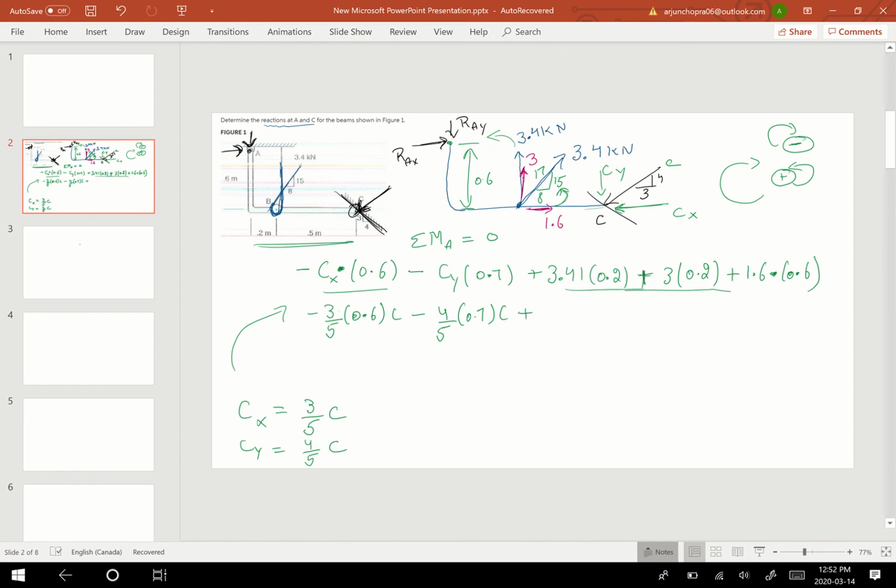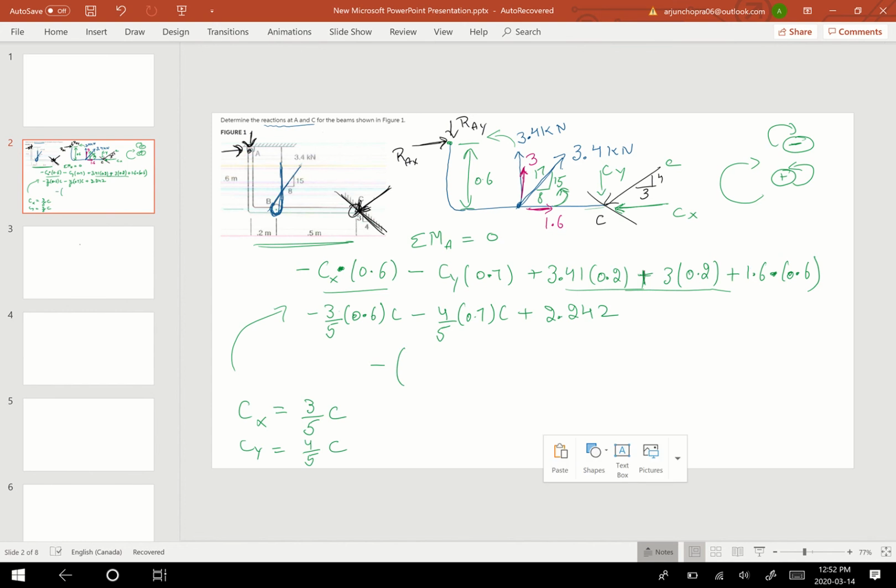So 3.41 times 0.2 plus 3 times 0.2 plus 1.6 times 0.6, which is 2. This value comes out to be 2.242, and then I can take this negative sign outside, and I'm going to write these values.